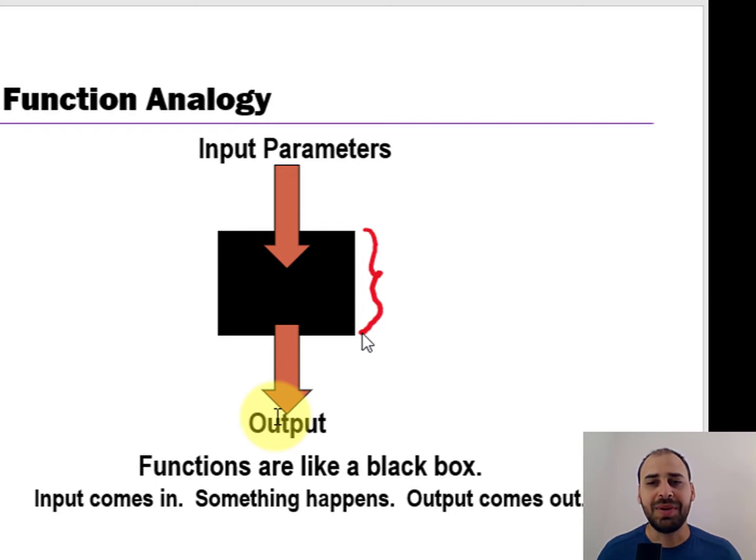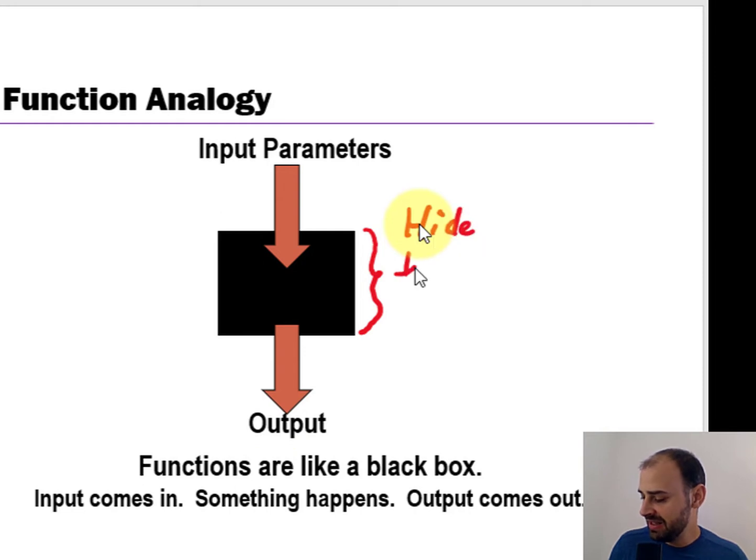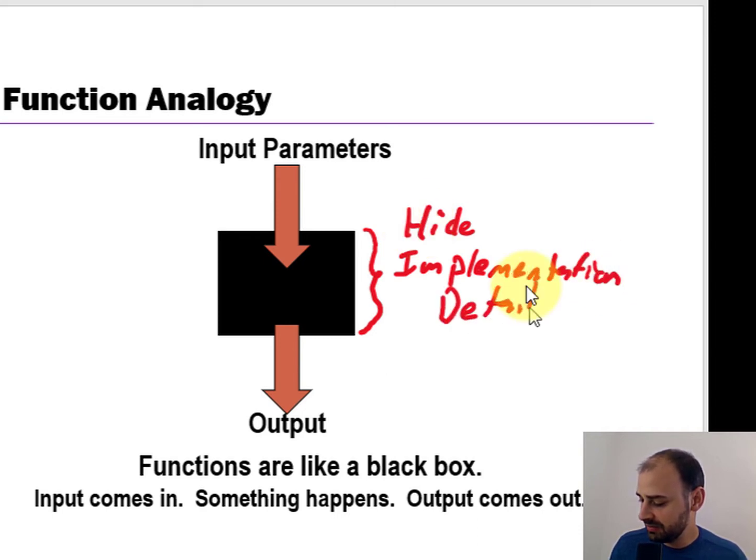We don't need to know what's going on inside of the box, effectively allowing us to hide implementation details. So you might have some code that has a lot of complicated logic or can be hard to read and interpret, but it's still easy to use because all you have to do is pass some information in and read the information out, and you don't need to understand what's going on in here.